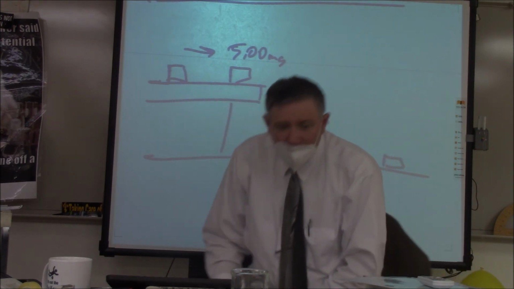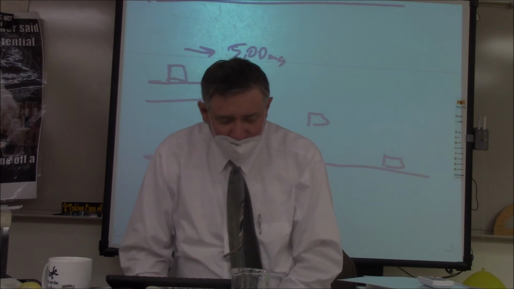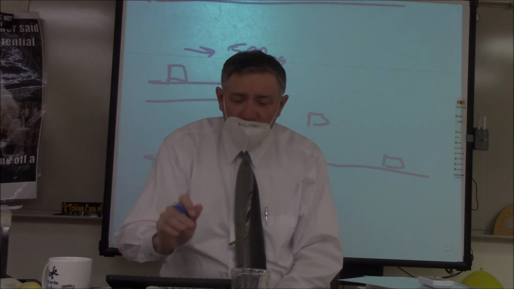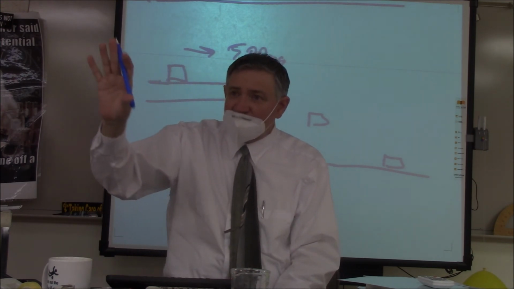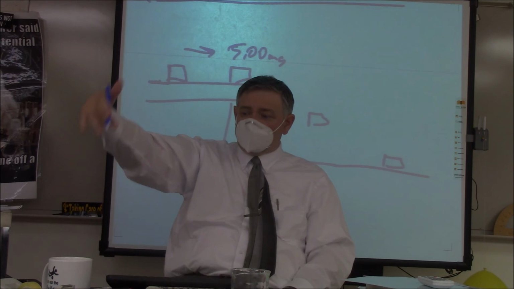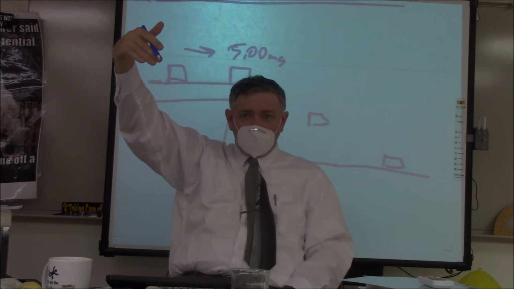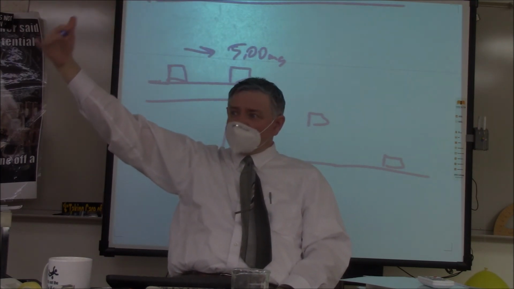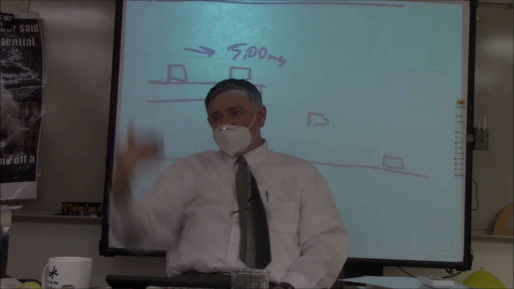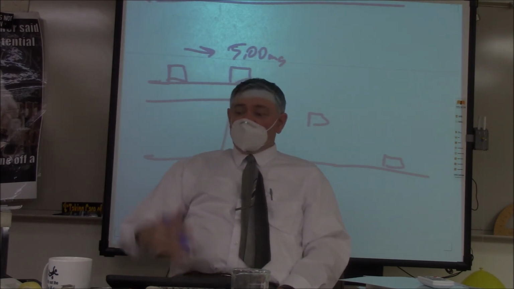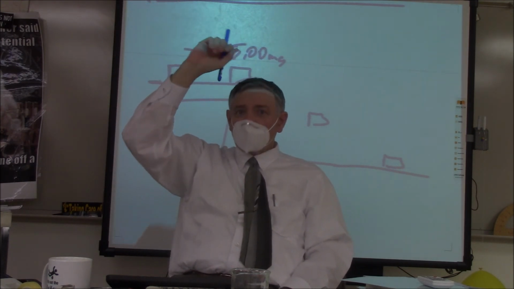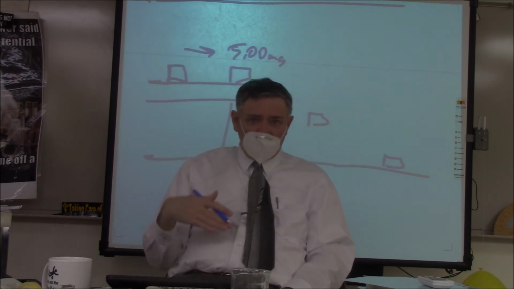Now, the third diagram is going to be your velocity vectors. Again, to figure out if your velocity vectors are changing, look at your acceleration vectors. If you're not accelerating, your velocity vectors aren't changing. If you are accelerating, then your velocity vectors are changing. So your forces drive your accelerations, and your accelerations drive your velocity vectors.